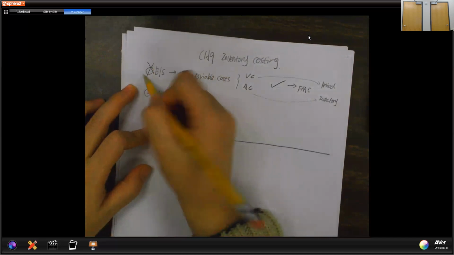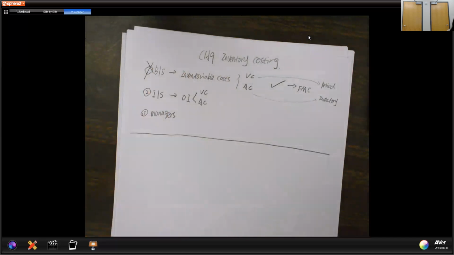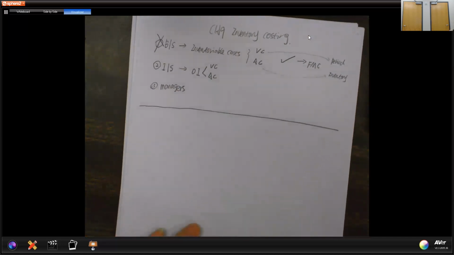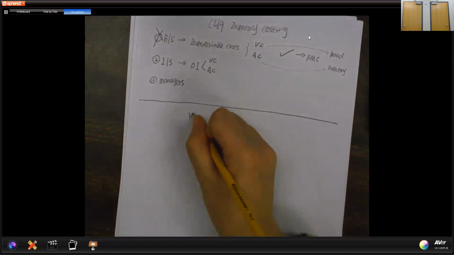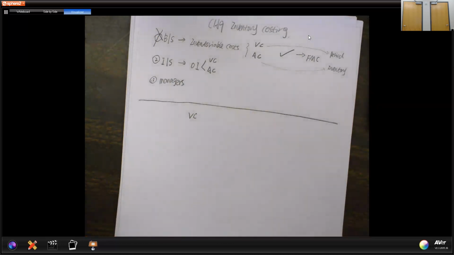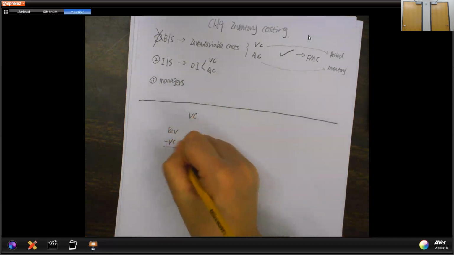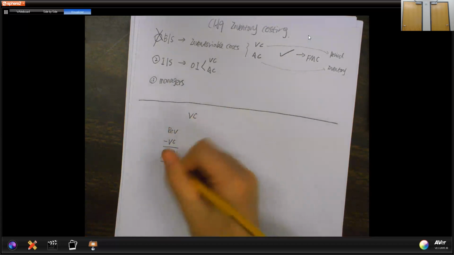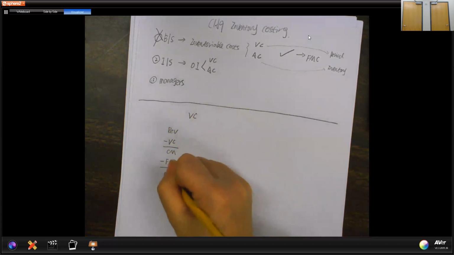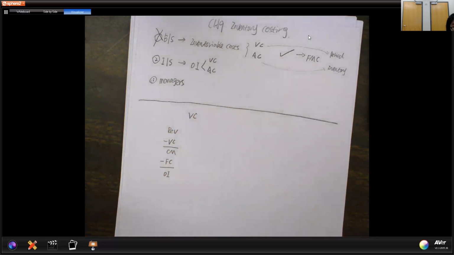Okay, so we are good for this one. Now we look at the second one. Under variable costing, there is not really a big deal. It's always your revenue minus all of your variable costs, which gives you the contribution margin, minus all of the fixed costs, which gives you operating income. So I don't worry too much.